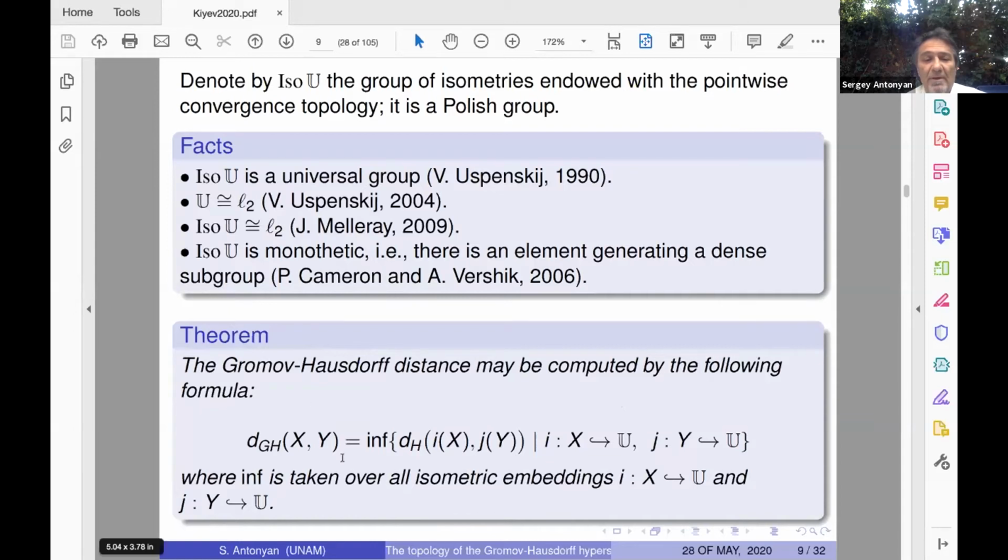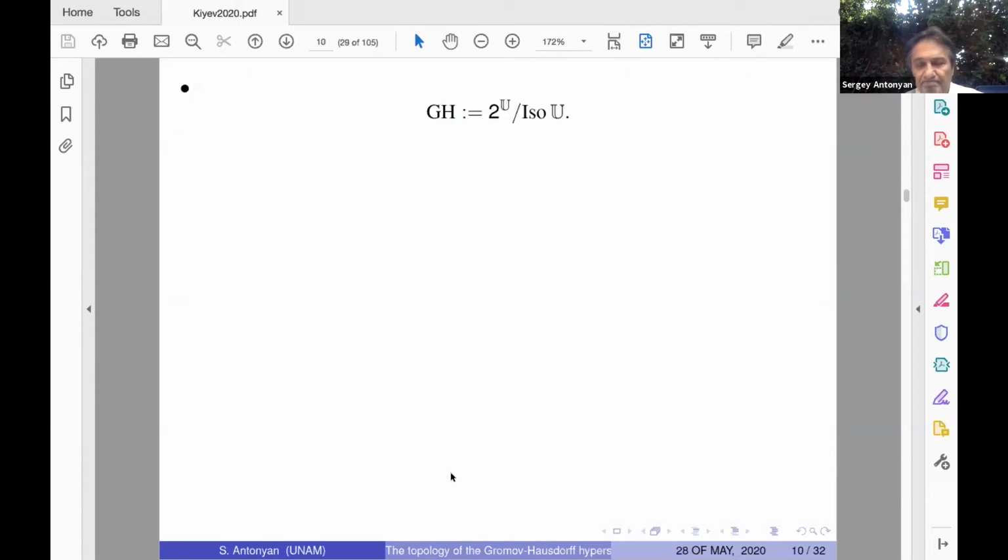They proved that in the definition of Gromov, it is sufficient to consider only one space, U, and then consider all isometric embeddings of X and Y into this space, and again take the infimum of all these Hausdorff distances, then we will get the same Gromov-Hausdorff distance.